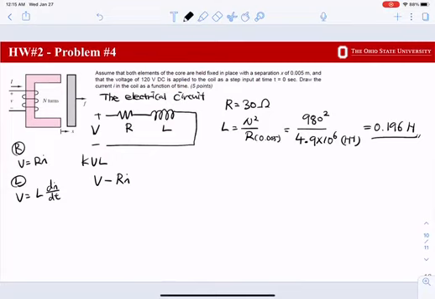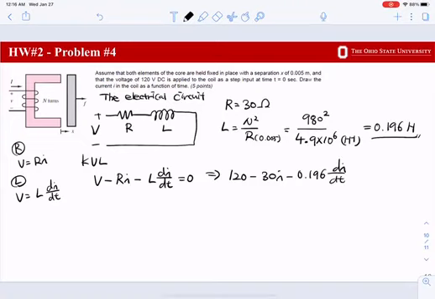So that equals 0. Plugging in the numbers: 120 volts minus 30 ohms times I minus 0.196 times di over dt is equal to 0.